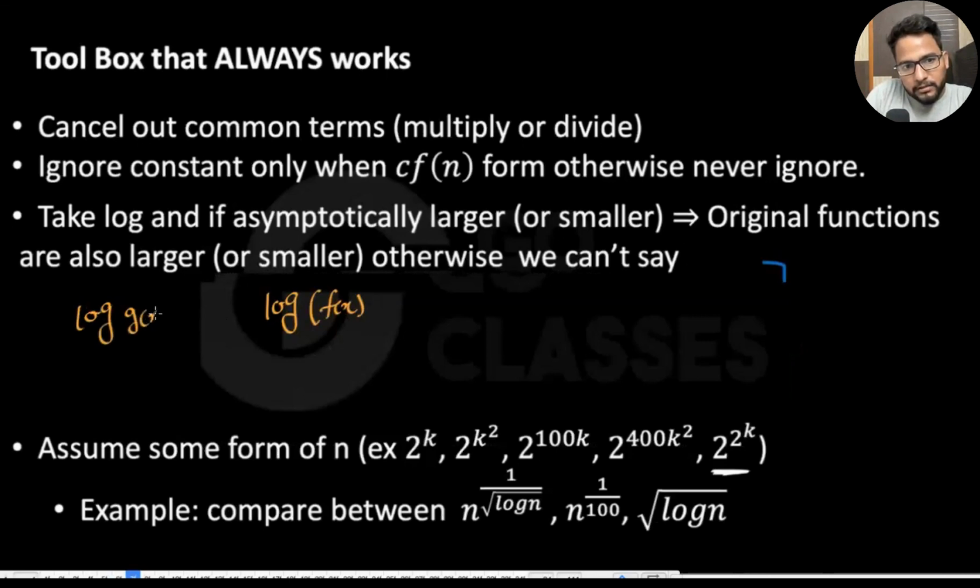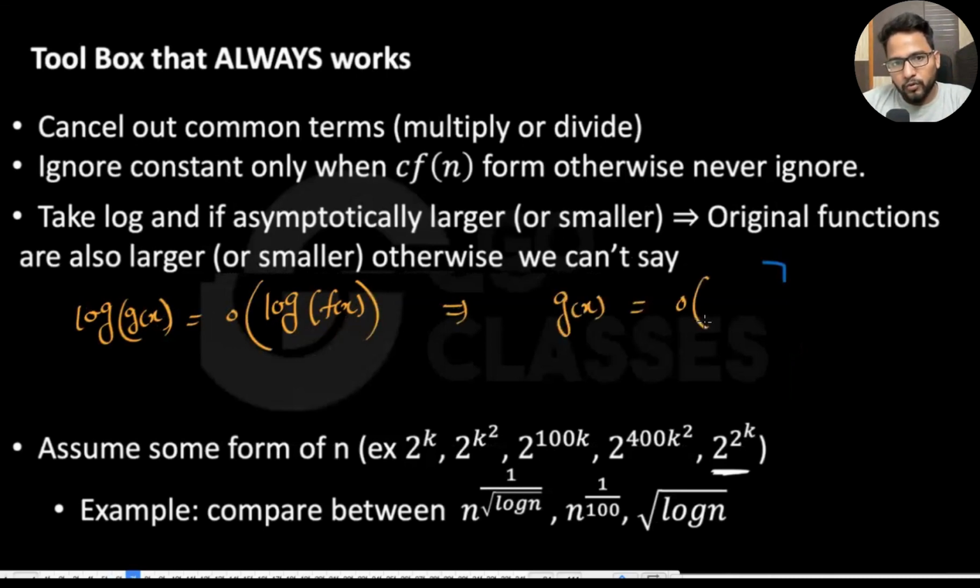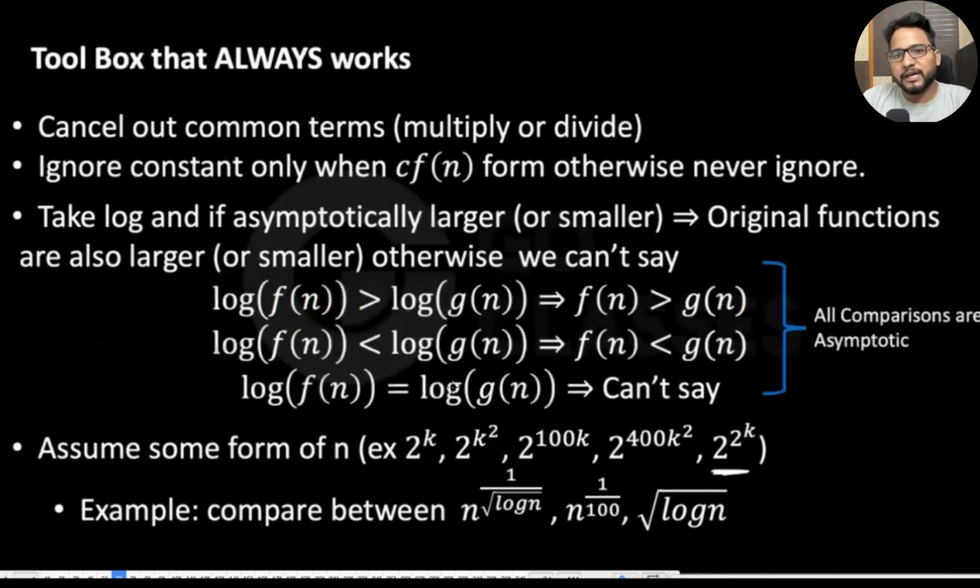Log of g(n) equal to small o of log of f(n), then it means g(n) is small o of f(n). I didn't need to make all this drama. I could have written like this, but instead of writing these formal notations, I said, okay, if it is strictly greater, then it is strictly greater asymptotically.